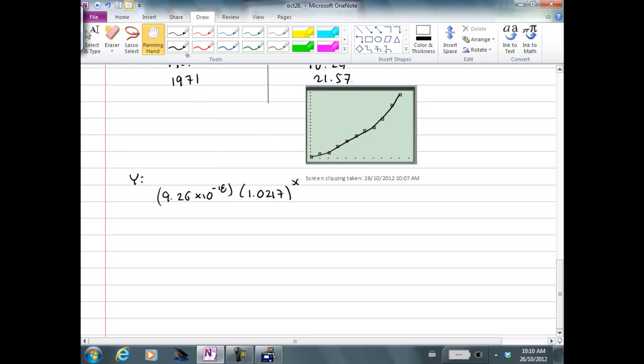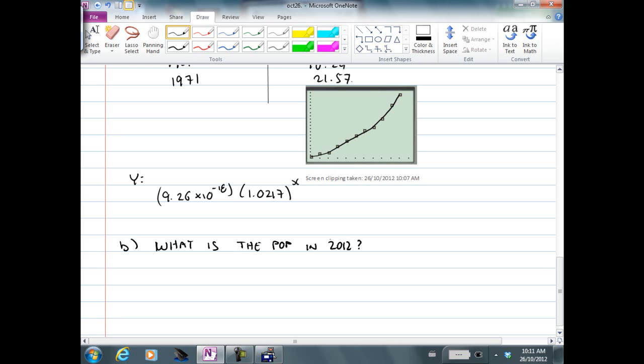Okay? So I'm going to show you an example. My part B is this. What is the population? Let's see if it matches our population of your model. What is the population in 2012?